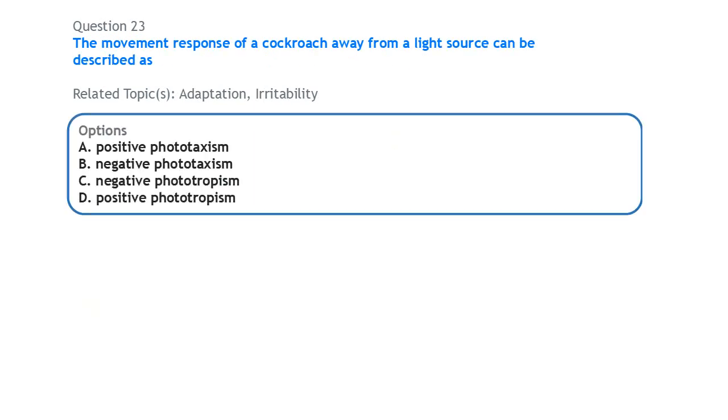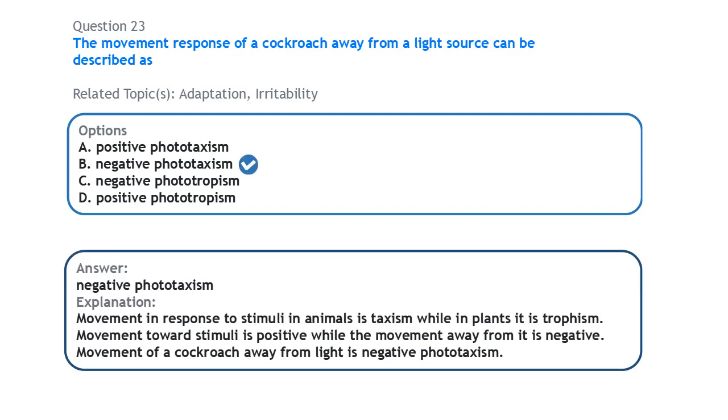Next, on adaptation, the movement response of a cockroach away from a light source can be described as negative phototaxism. Now when we say taxism, it means response to stimuli such as light. The response to light is called phototaxism.